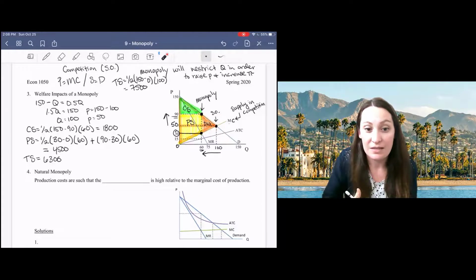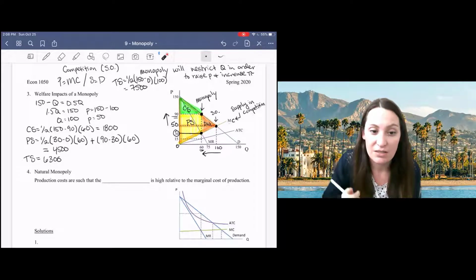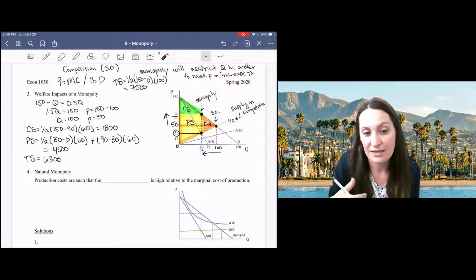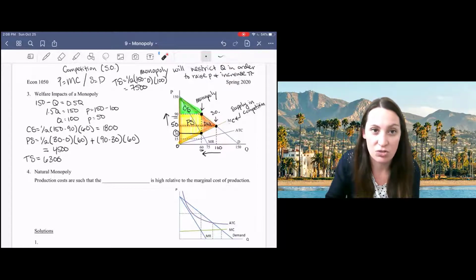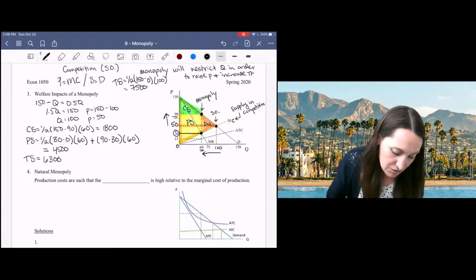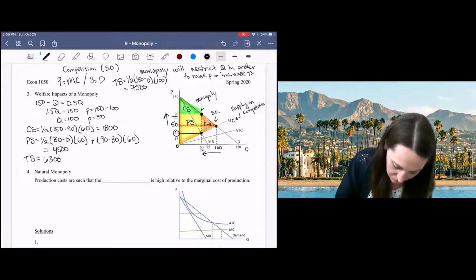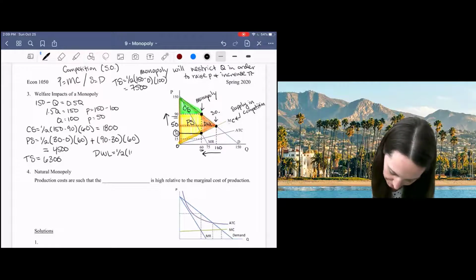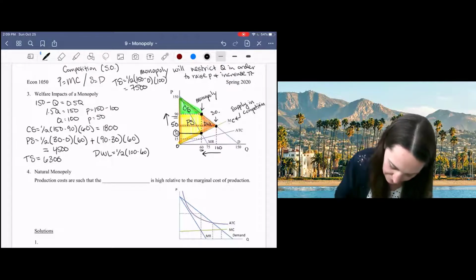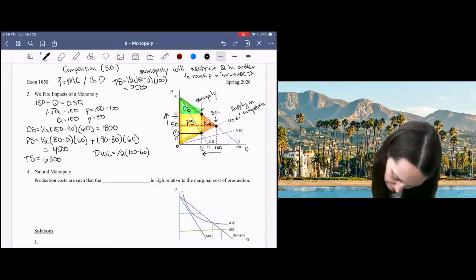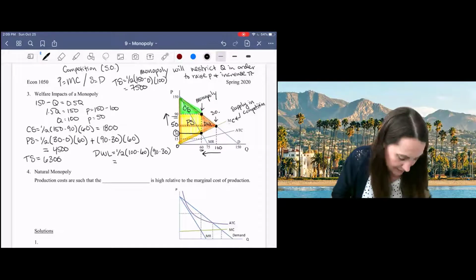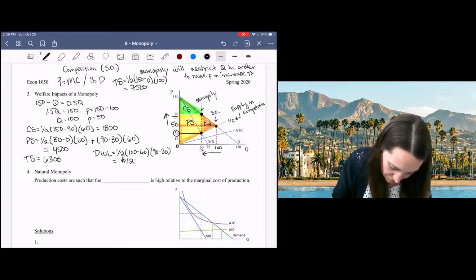So it would be socially optimal to sell the product to those consumers, but they are unable to purchase it in this case because of the monopoly's distortion of the market. So you can find deadweight loss either by taking the difference here in total surplus or by calculating the area of that triangle, which would be 1/2 times the restriction in quantity times the difference here in the prices, and that will give us 1,200.